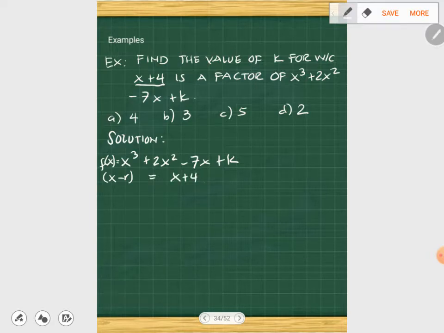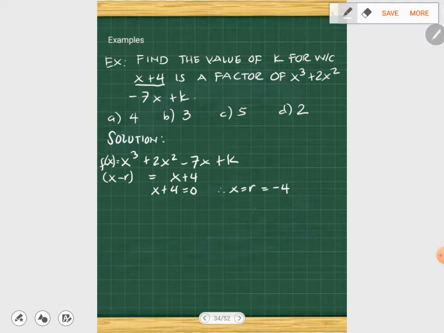Yeah? So, therefore, yung x plus 4, equate lang natin yan ng 0. Therefore, yung x natin, which is yun yung value ng r dito, and that is negative 4. Okay? So, yung r will be our negative 4.